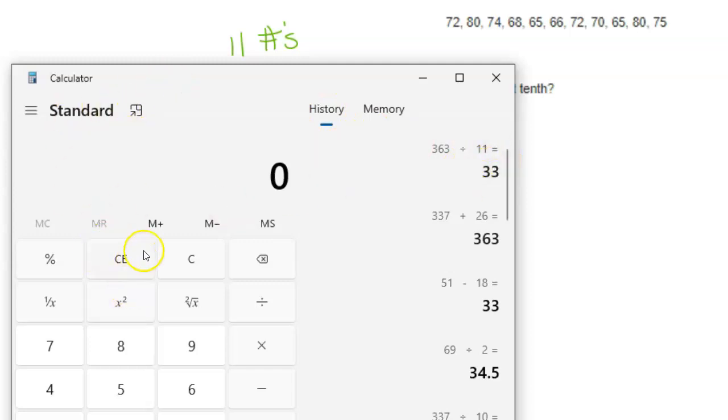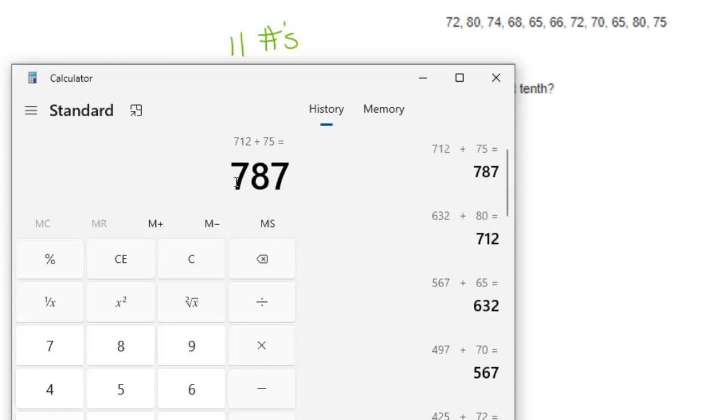We got this. All right, so let's do 72 plus 80 plus 74 plus 68 plus 65 plus 66 plus 72 plus 70 plus 65 plus 80 plus 75.